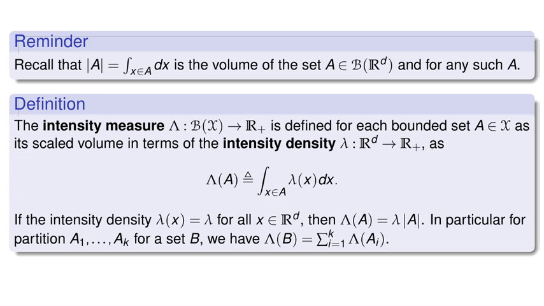If this intensity density lambda of x is a constant, say lambda, for all x in R to the d, then lambda of A simplifies to lambda times the volume of A. In particular, if A1 through Ak form a partition of a set B, then lambda of B equals the sum from i equals 1 to k of lambda of Ai.